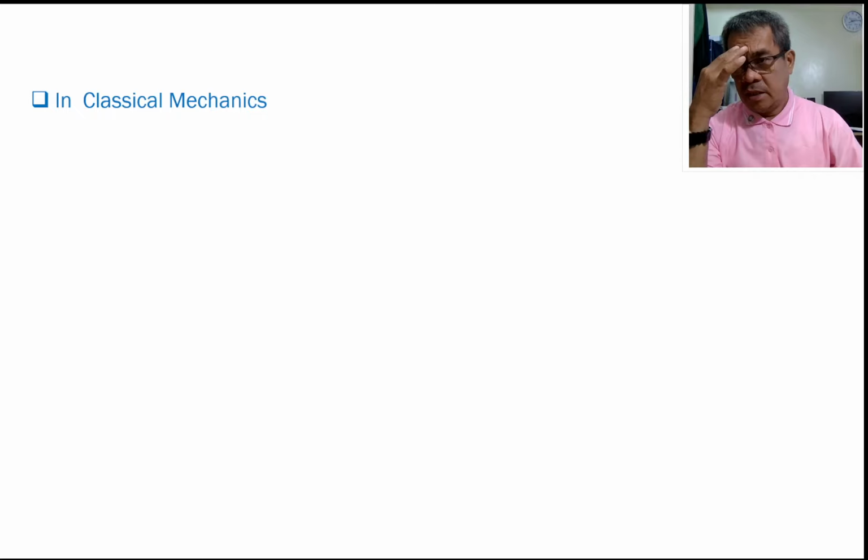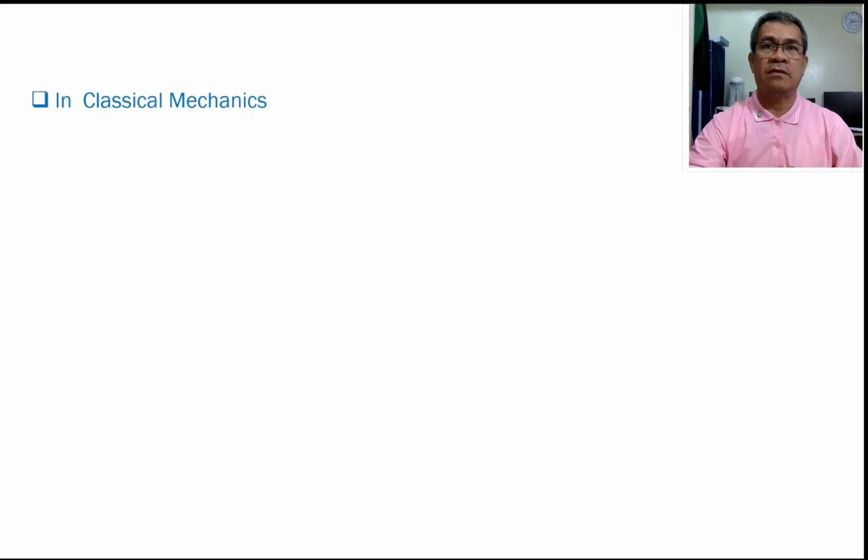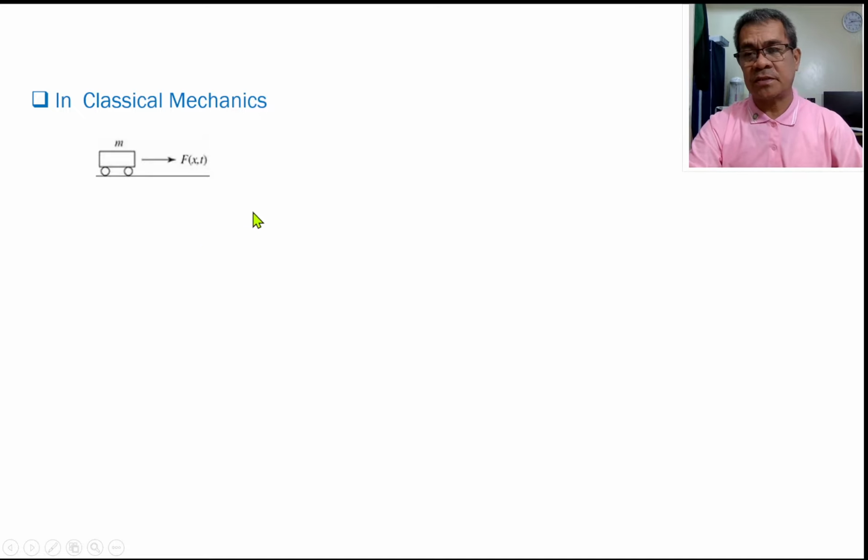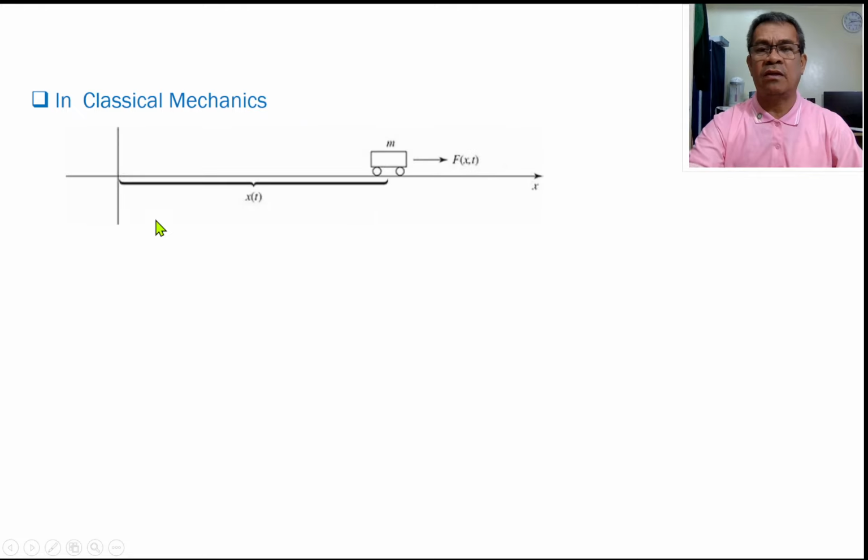Okay, in classical mechanics, if we have a particle having a mass of m applied by an external force, meaning if we have the net external force, then we are very sure that this particle travels and it has a displacement.